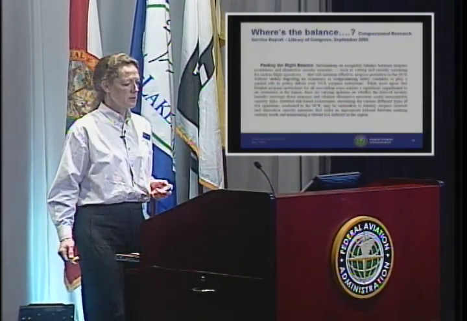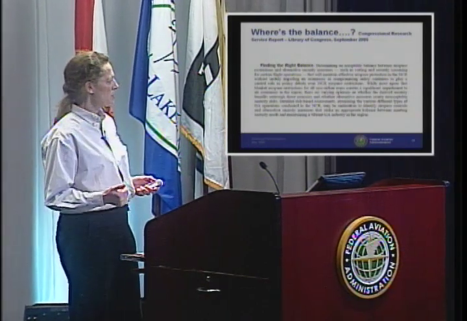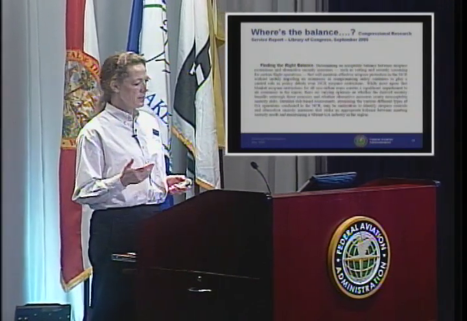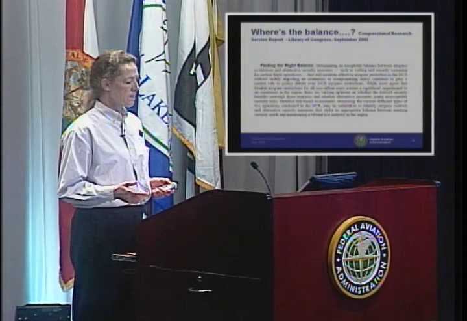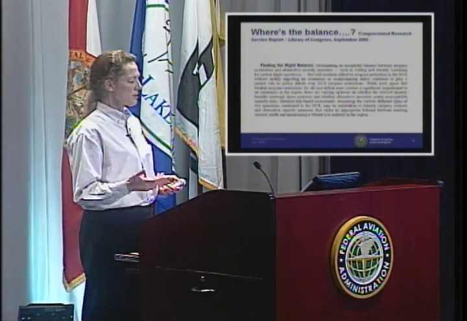So where's the balance? The Department of Homeland Security and National Capital Region conducted a congressional report in September of 2005, and they agreed that a risk management approach to identify airspace controls and security measures to offset the number of pilot deviations should take place.